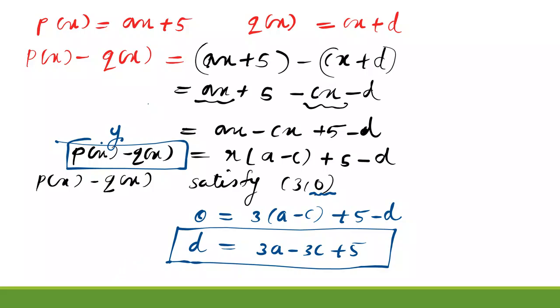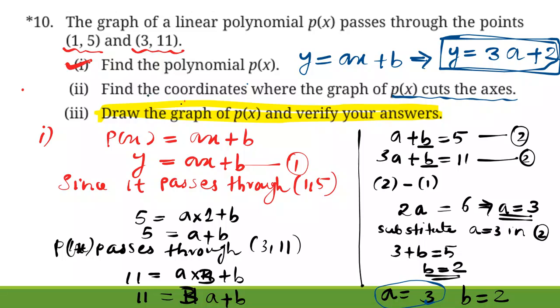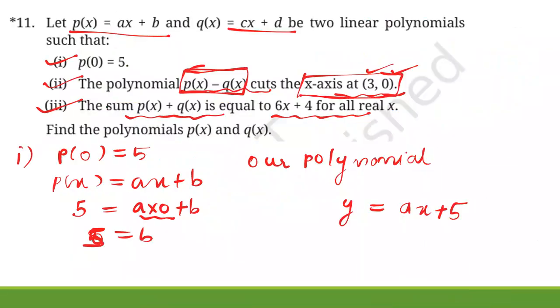Now we will move to the third sub question and combine these to find the answer. What is the third sub question? The sum of p of x and q of x is equal to 6x plus 4 for all real x. So now we have to find p of x plus q of x. That is ax plus 5 plus cx plus d.